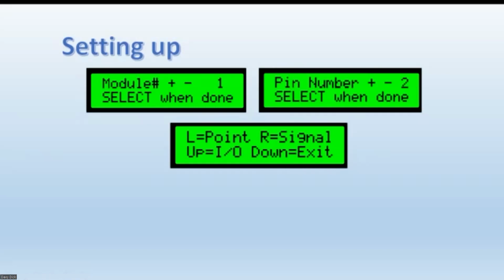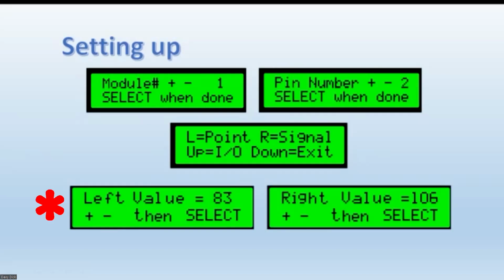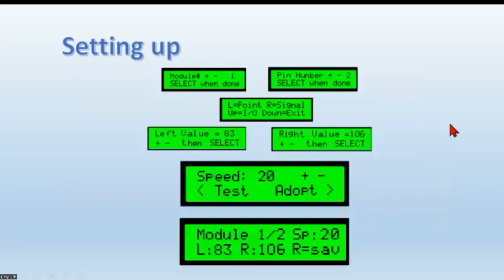If you've picked a point or a signal, you're then asked to set the values, the 2 end points of your servo. And again, the up and down buttons will pick the range. And lastly, how fast do you want to make it work? Will it snap across or will it move across gently? And you can press the test button to see if that's what you want.